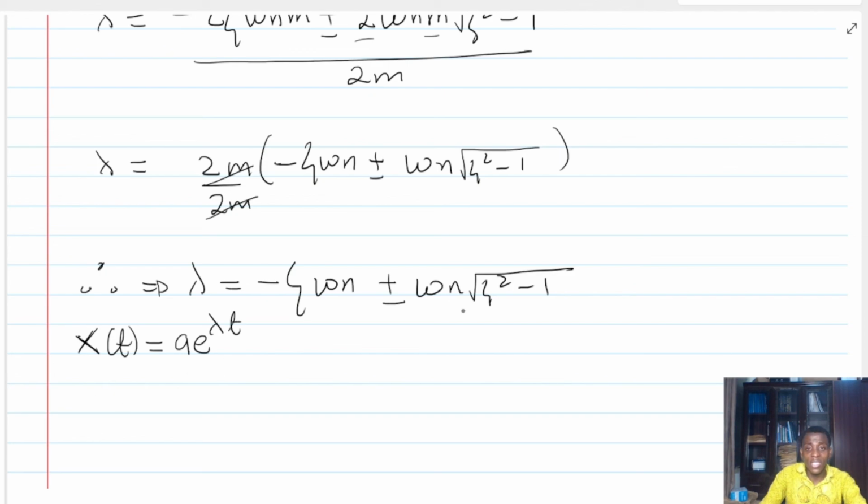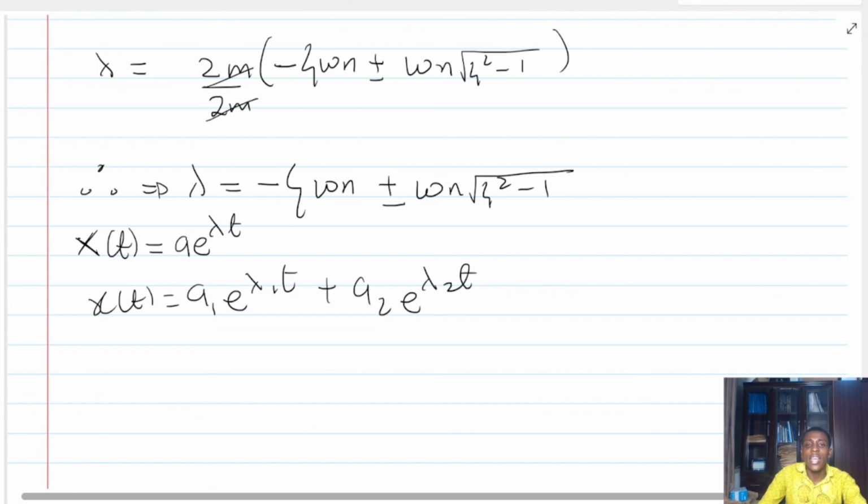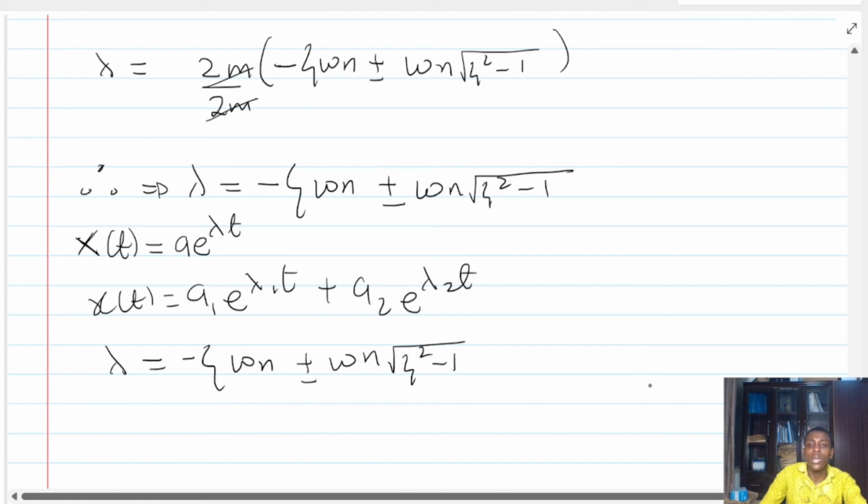So what this is trying to say is that my x of t is A1 e to the lambda 1 t plus A2 e to the lambda 2 t. All right. And to determine the value of lambda, we are saying that lambda is minus zeta omega n plus or minus omega n root of zeta squared minus 1.